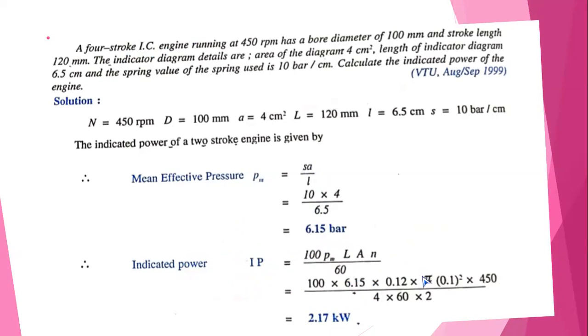L is 120 millimeter, that is 0.12, and A is pi d square by 4. Here you divide the 4 by 2, you will get 2. And the speed of the crankshaft is 450, and 60 into 2 as it is.